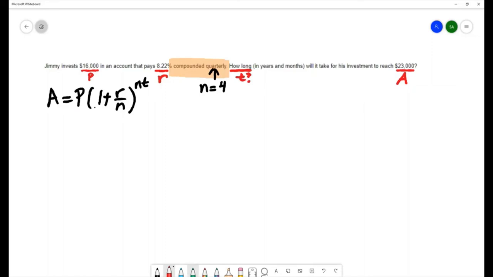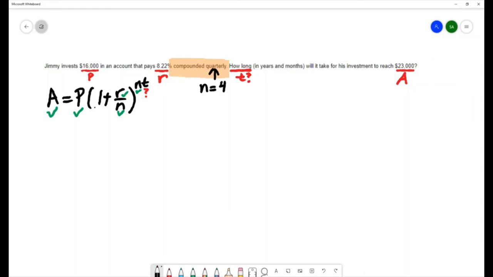Looking at our formula, I have a value of A to substitute, a value of P, a value of n, a value of r, another value of n, and our unknown t, which we're hoping to figure out. So I have all of the variables except for the one I'm looking for, and I'll be able to solve this equation for that variable.